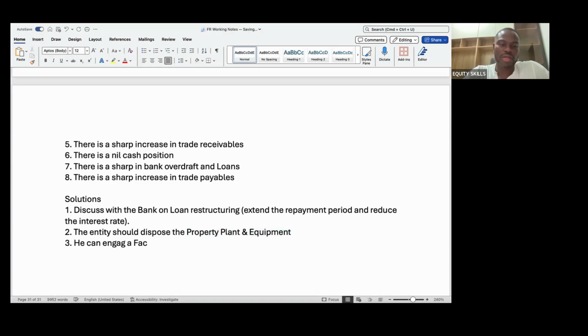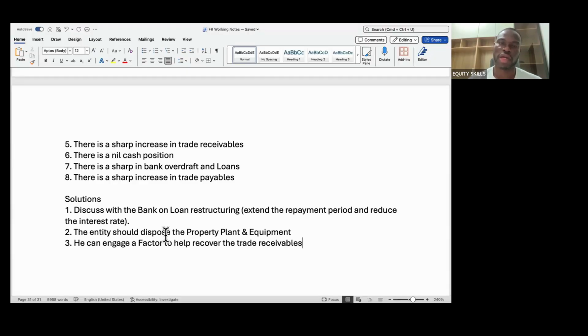So, again, number three, you can engage a factor, this factoring company, to help recover the receivables. So that's what a factor does. Of course, they will get a fee. And in fact, there are some factors that will be ready to give you money.